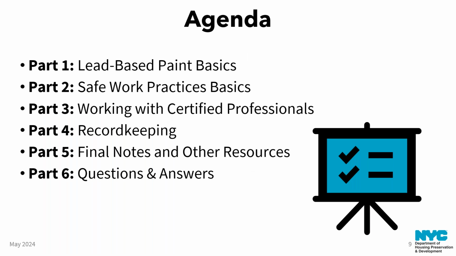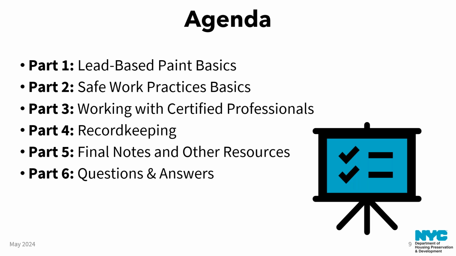So as I said, we're going to start today with a review of the basics of lead-based paint in New York City, the big picture. Then in our next section, part 2, we're going to dial into some basics about today's topic, which is safe work practices that protect workers and tenants from lead-based paint hazards when paint is disturbed. Then we're going to talk about making sure that when you hire a contractor, you are hiring the right certified professional for the kind of work that is being done.